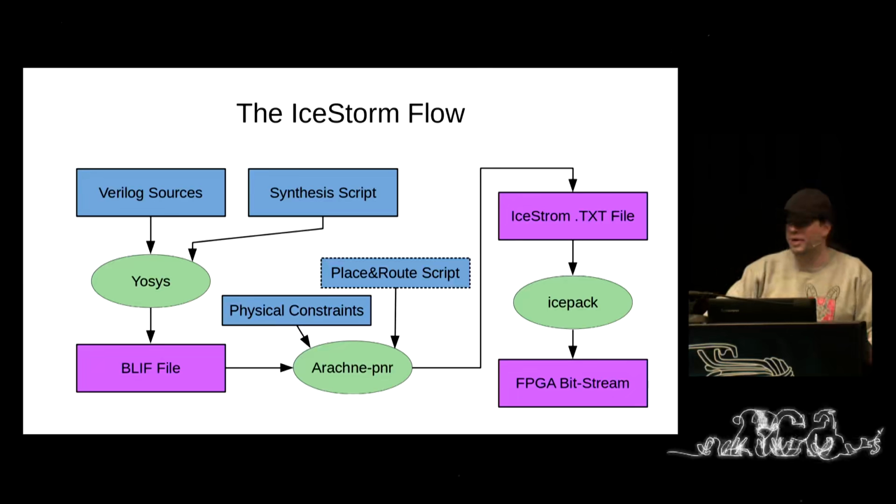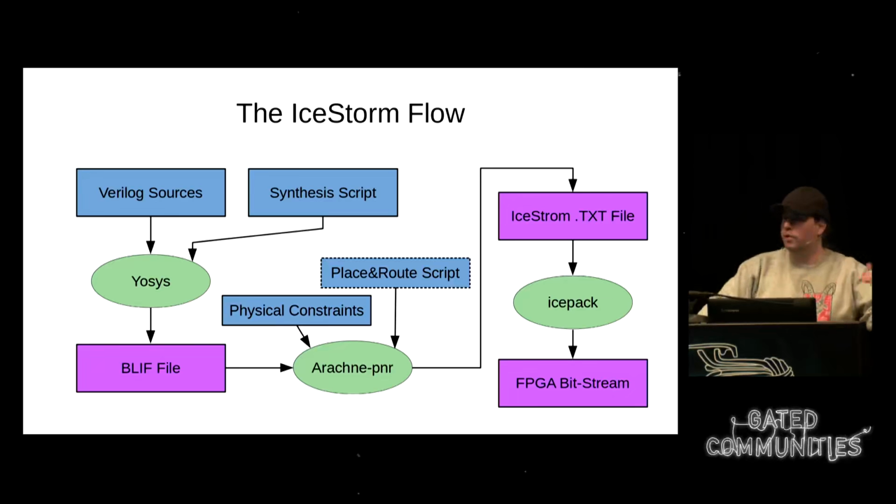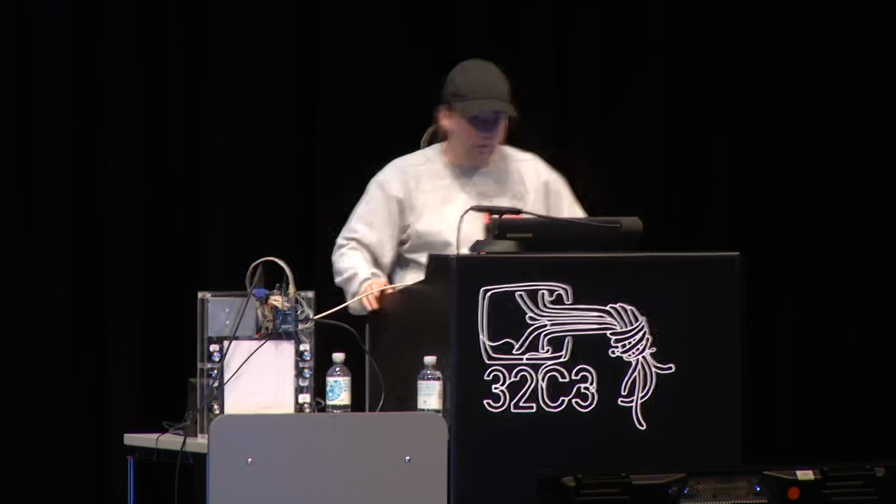Optionally, you can also specify a place and route script that tells Arachne PNR what strategy it should follow and what of its internal passes it should execute in what order. The output of that is what I call an iStorm text file.